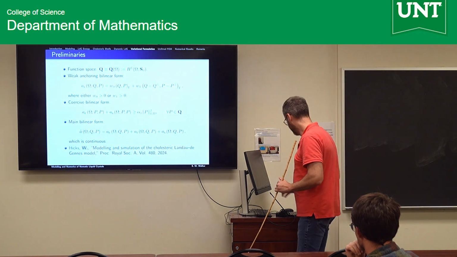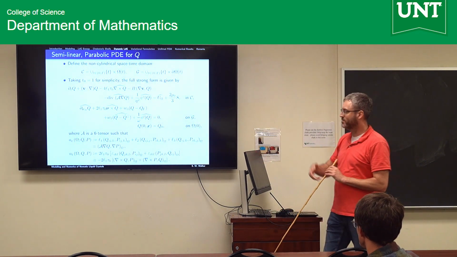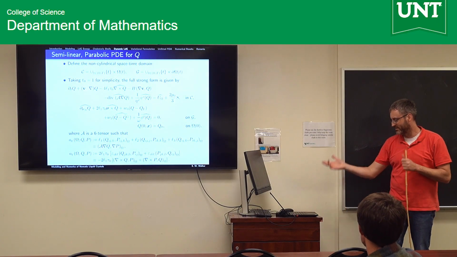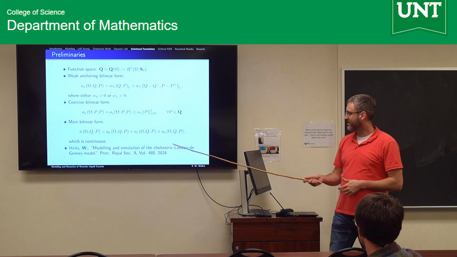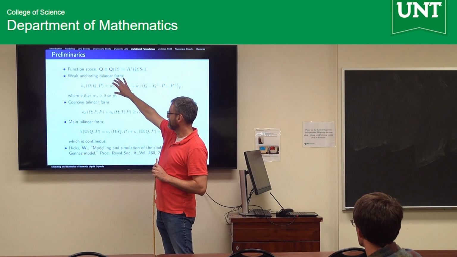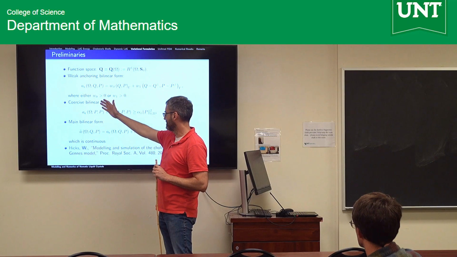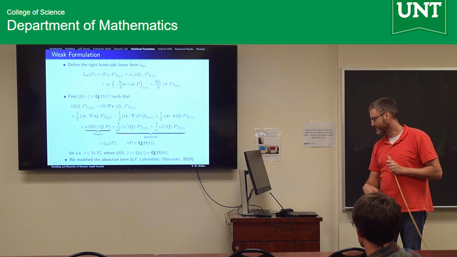Okay, well, anyway, so you have a strong form PDE, you can multiply by the test function, integrate, do all this typical stuff. You define a bunch of bilinear forms. For example, this has to do with the surface anchoring, this has to do with including the elastic energy, and so on and so forth.